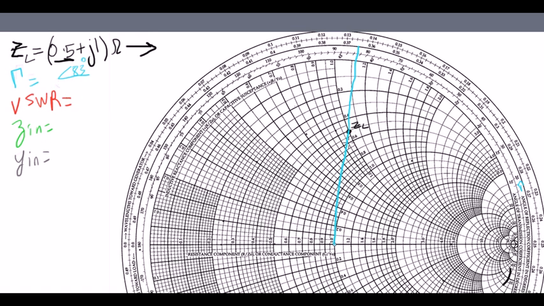How do you get the magnitude? Basically you divide the length here over the length of here. So it's a ratio.